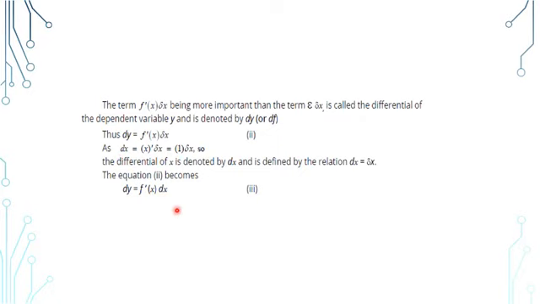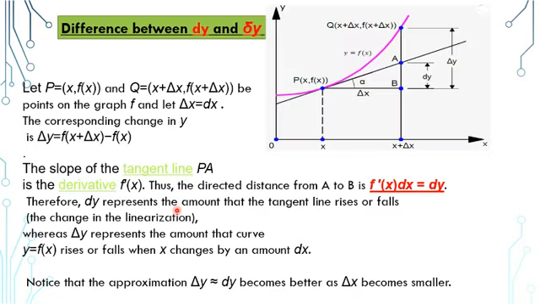Now what is the behavior of dy and delta y? What is the difference between dy and delta y? Suppose that we have a function, which is the graph of this colored line.